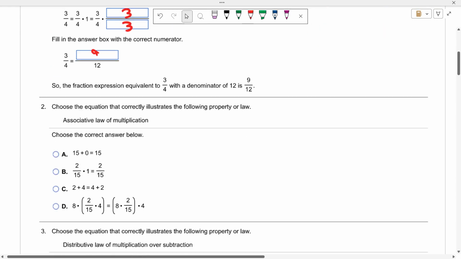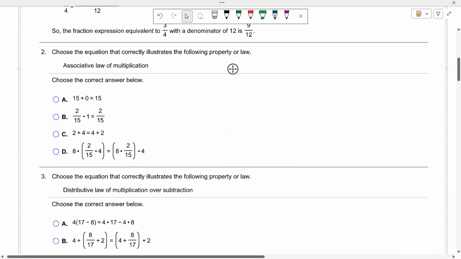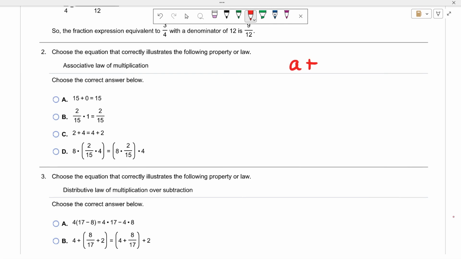Okay. So you have various laws. When you move numbers, that's the commutative property.